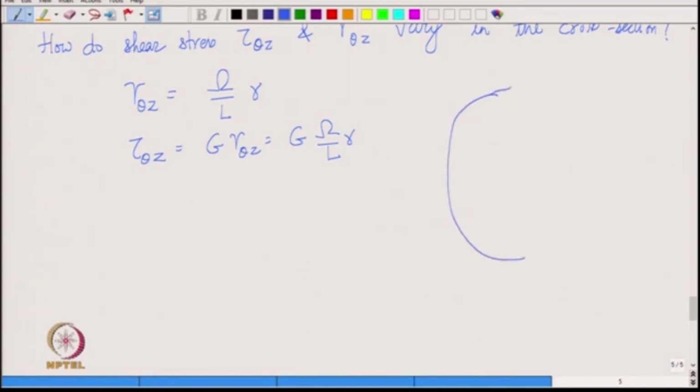So, whenever you twist a bar or twist a cylinder, then in the cross section, as you go outward, the shear strain as well as the shear stress, they vary linearly. So, you can draw a graph like this. For shear strain, and likewise also for shear stress.